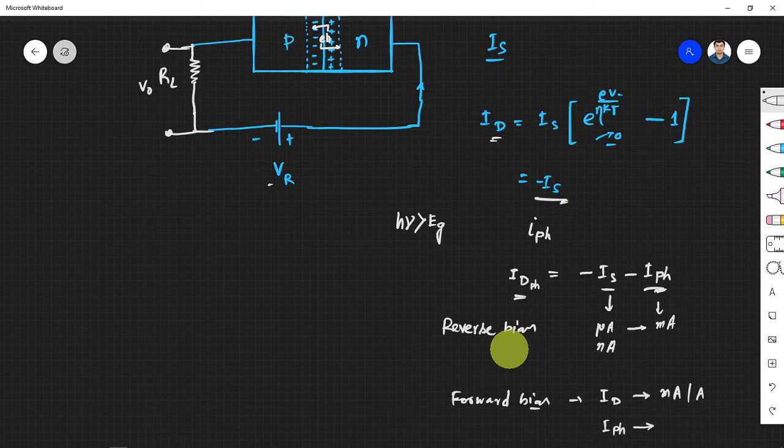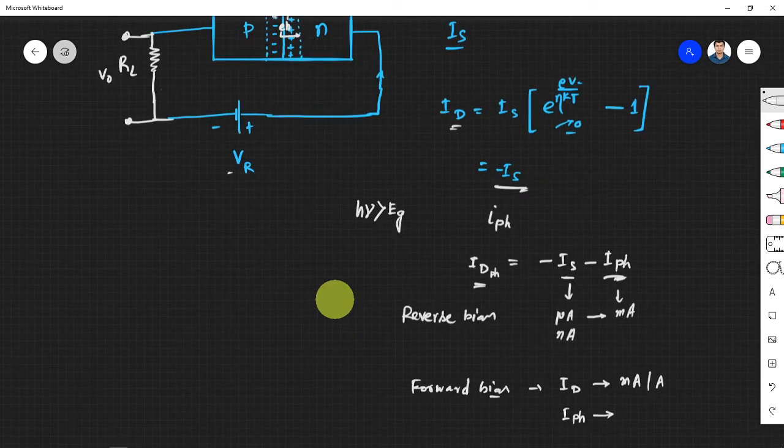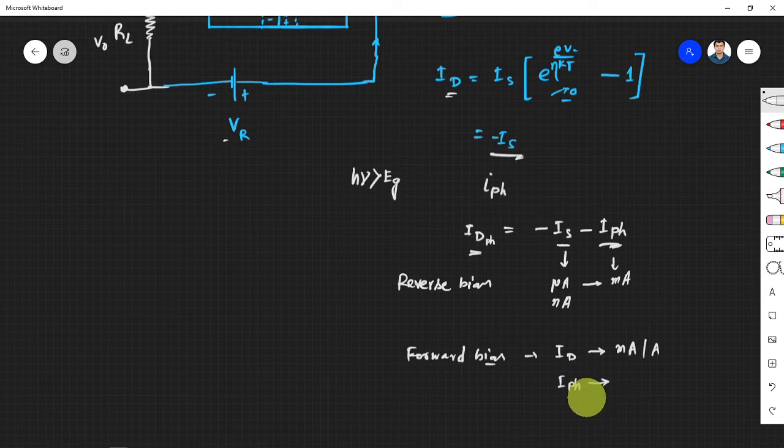As you said, the depletion region width will be reduced when you do a forward bias, so it will reduce your photocurrent. Even if it is still in milliamperes, if you take a ratio of these two, there will not be much change. So the signal to noise ratio will be very poor in forward bias, whereas in reverse bias it is huge.